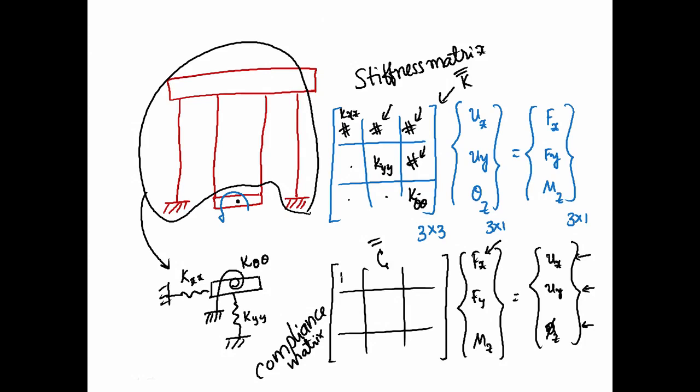So, I will put the displacement I get when I apply force only in the x direction over there, and the y direction displacement I put there, whatever slope I get I put here. When I do that, you see, when I apply force only in the x direction, when I multiply this row with this, I will get ux, because Fy and Mz then are 0, I get this value over there.